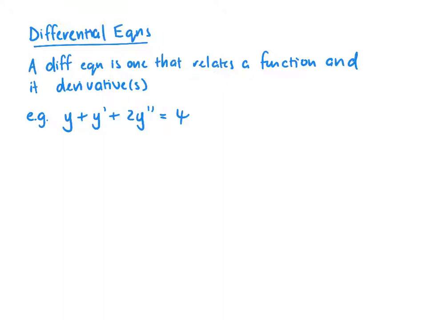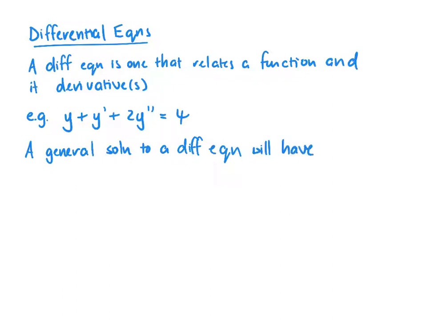All right, solutions to equations. So a general solution to a differential equation is essentially an expression that has some unknown constant in it. Okay, so this is like our plus c, our constant of integration.